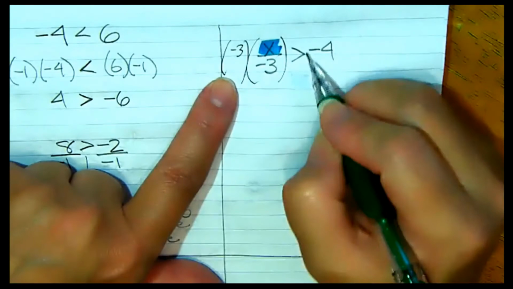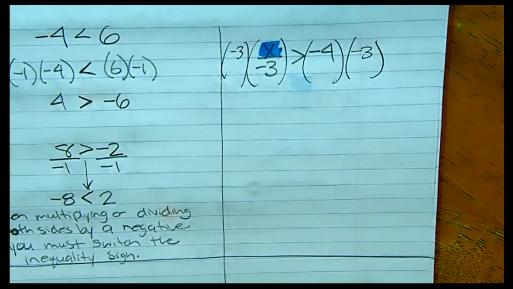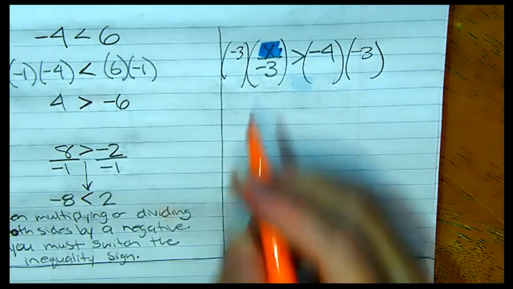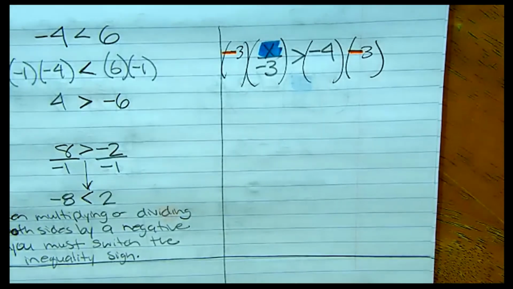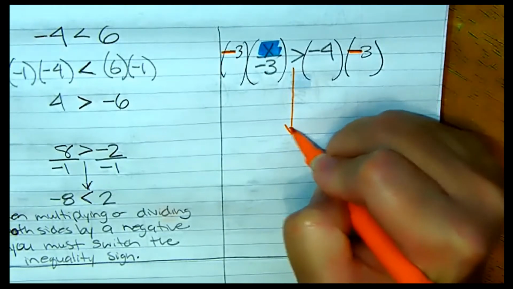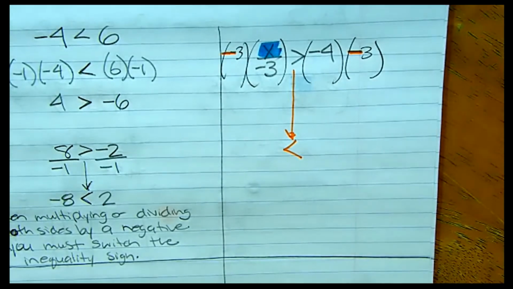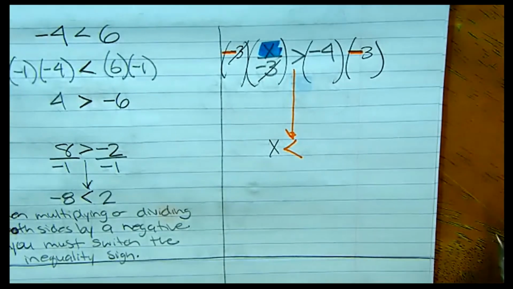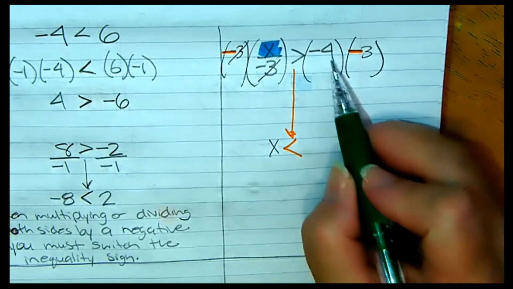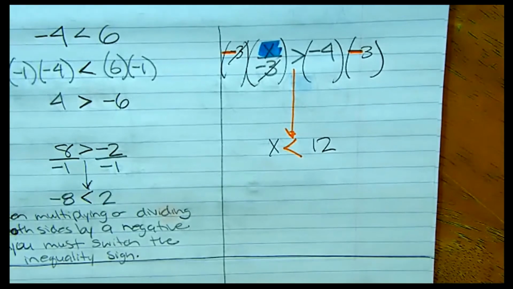What I do to one side, I must do to the other. Now, I am multiplying both sides by a negative, so that means I have to switch my inequality sign. So these cancel, and I've got x is less than -4 times -3, which is +12.